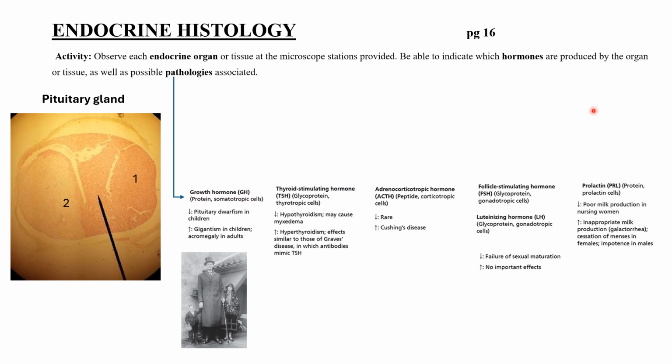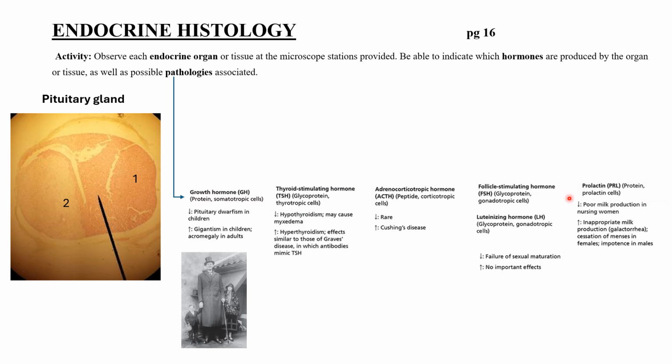As the name tells you, that hormone inhibits the secretion of prolactin from the anterior pituitary. So when prolactin inhibiting hormone is absent, the anterior pituitary makes prolactin. And prolactin, as the name tells you, lactin, makes milk. It is for milk production.